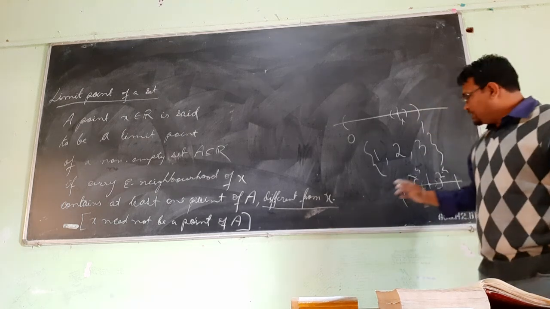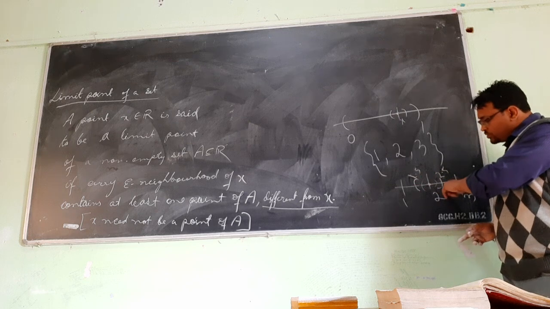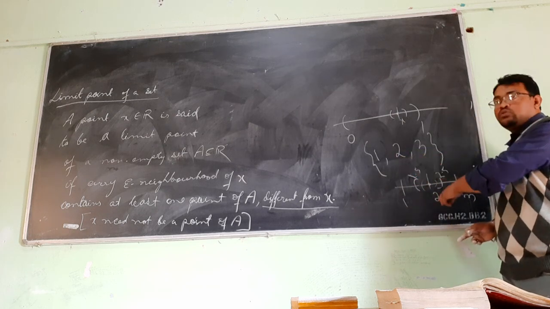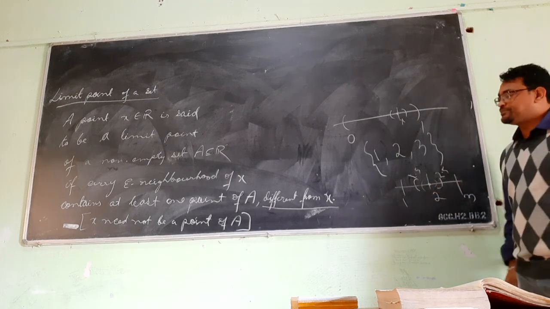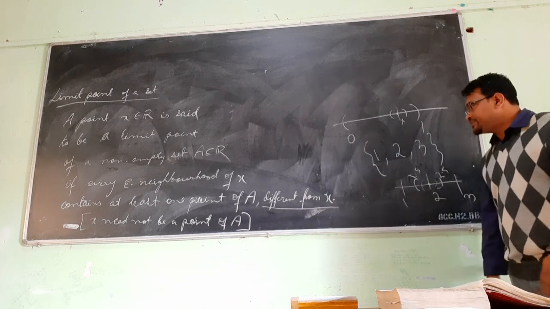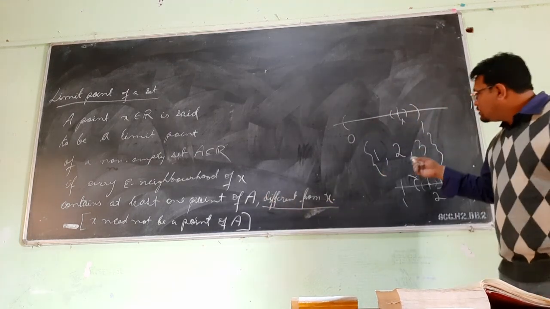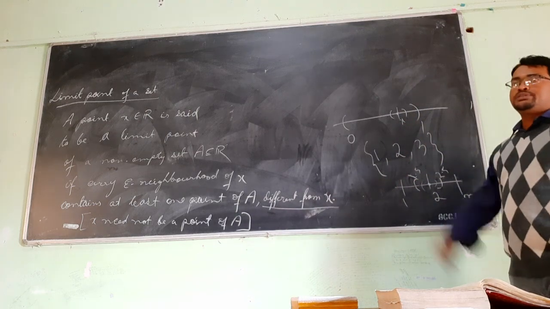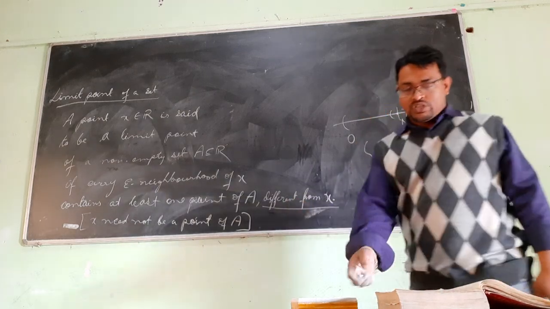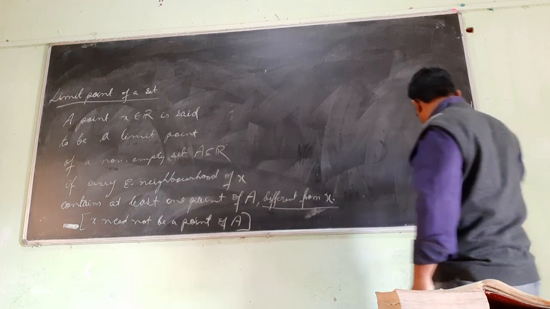Every open interval containing 2 should contain at least one point of the set different from 2. If this is not included, then every point will be a limit point. If I do not include this, then 1, 2, 3 all are limit points. So this restriction is important: different from x.